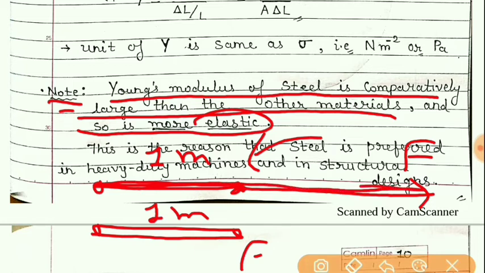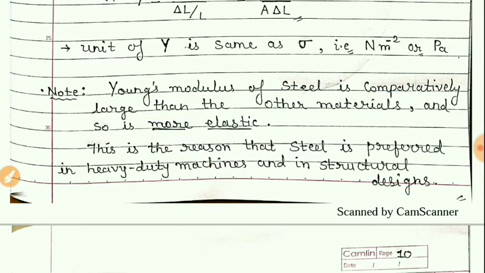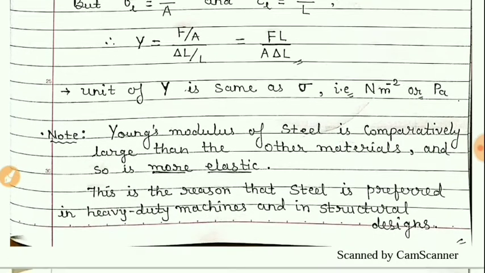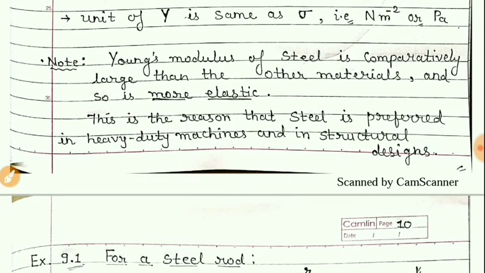So if you think that rubber is more elastic, then it is not true. Steel rod is more elastic because elasticity is based on the ratio of stress upon strain and not on how much the material is stretched. If it is stretched a very large amount, then it is elastic, so that is not true. So steel is more elastic than rubber.